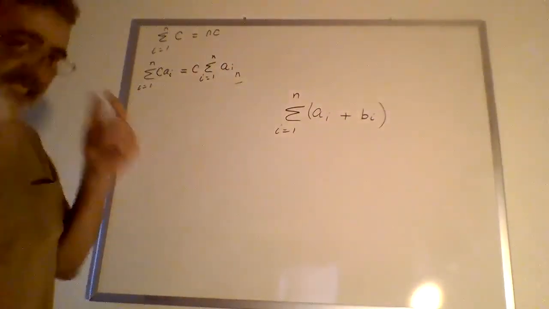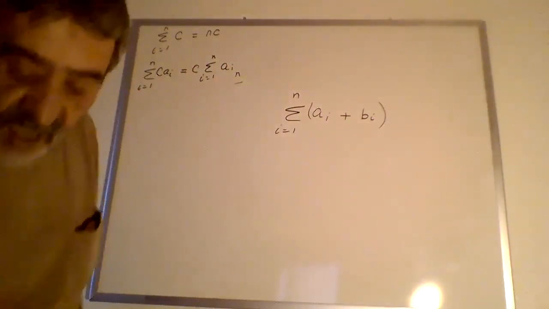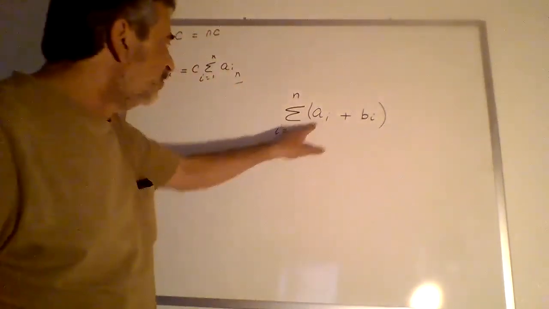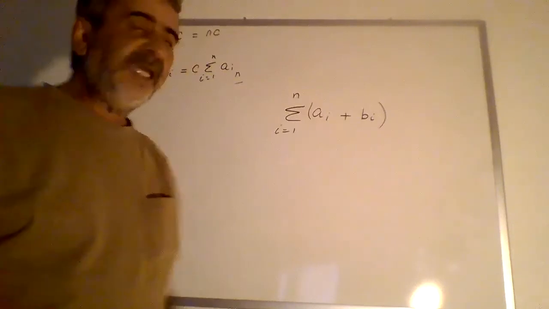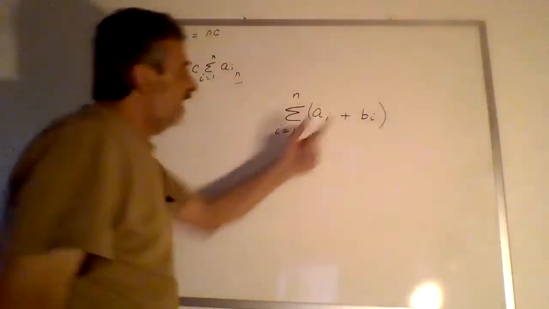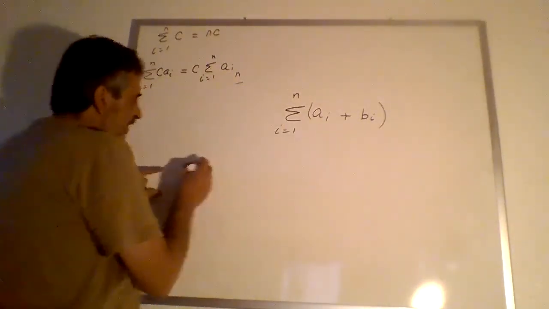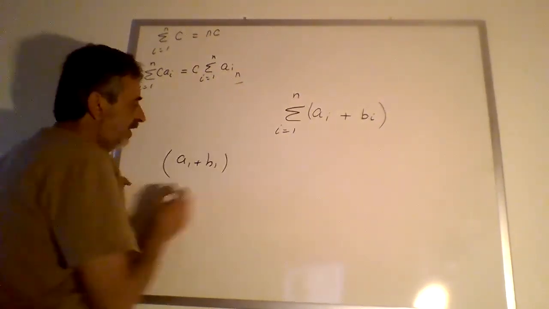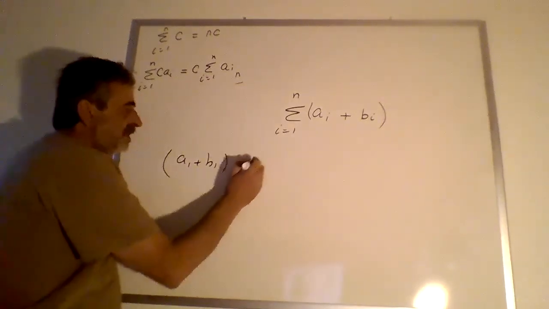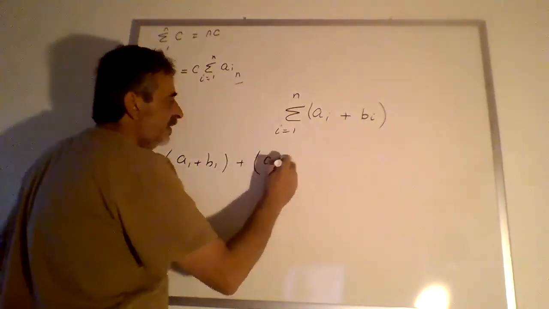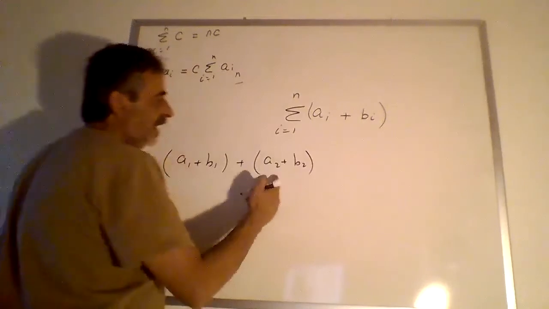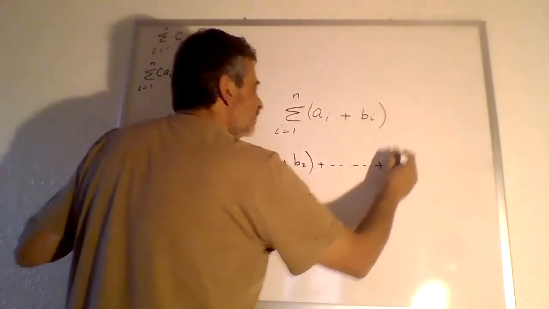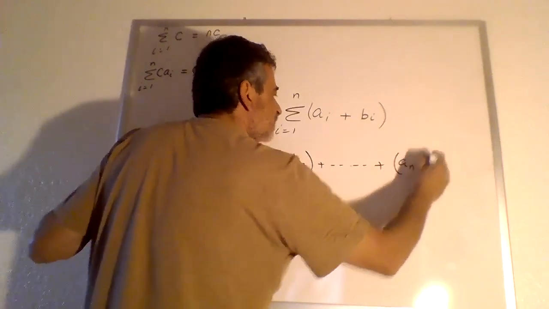So in this particular case, we have 2 different sequences in there, and each one depends on what i is. If I rewrite that, that's going to equal a_1 plus b_1 when i equal 1, plus a_2 plus b_2 when i equal 2, plus all the way to a_n plus b_n.